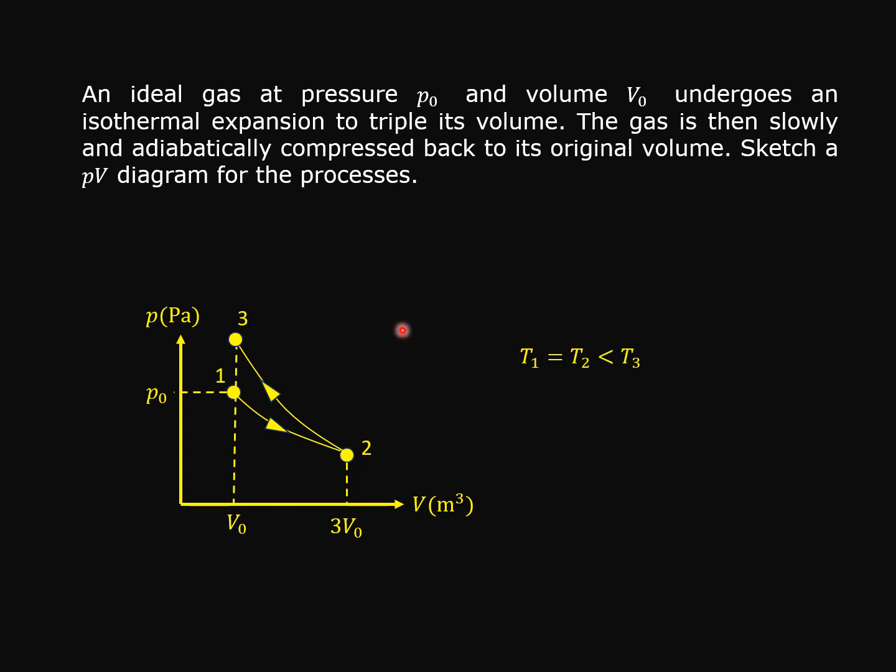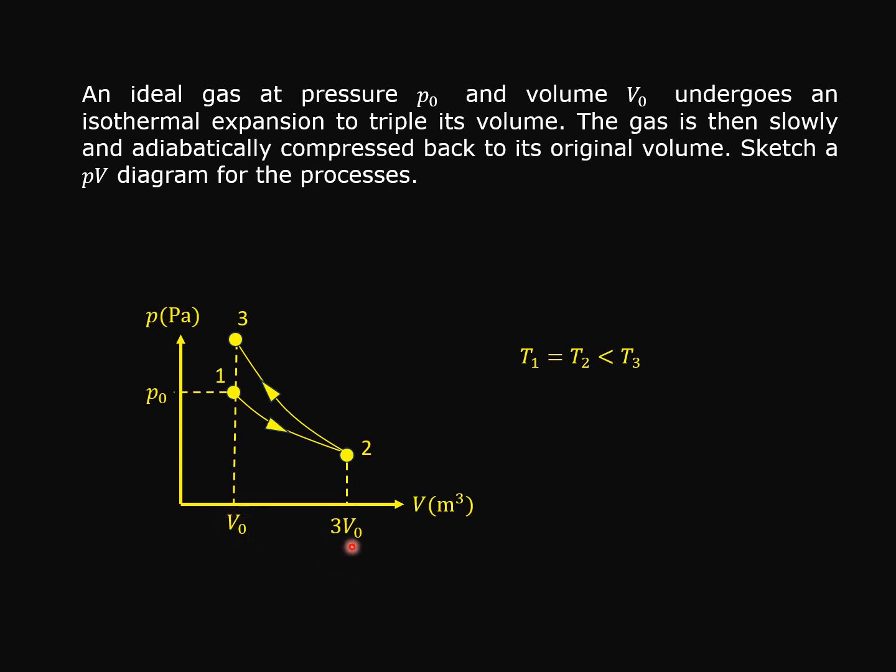Finally, we have this complete diagram that reflects the two thermodynamic processes that happen to the gas we consider. Initially, the gas has the initial pressure P0 and the initial volume V0, and it undergoes the isothermal expansion to make its volume 3 times bigger compared to the initial volume.